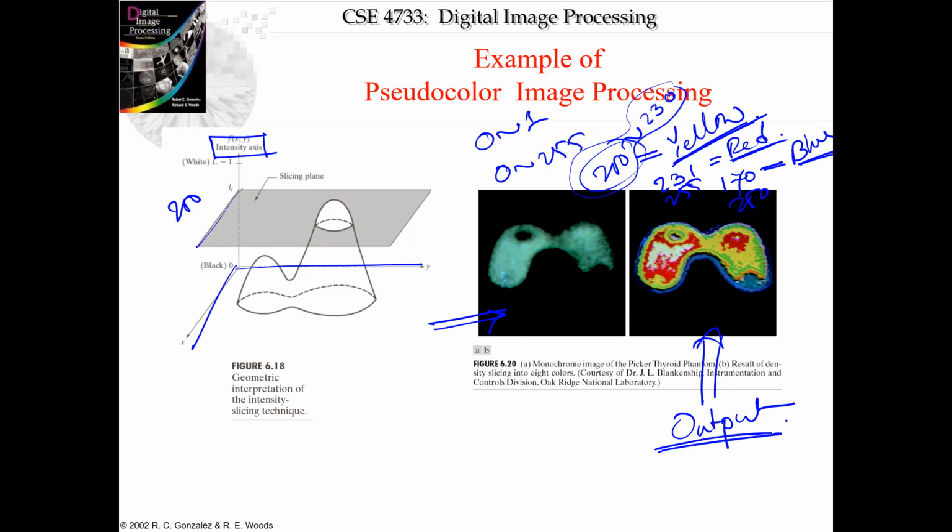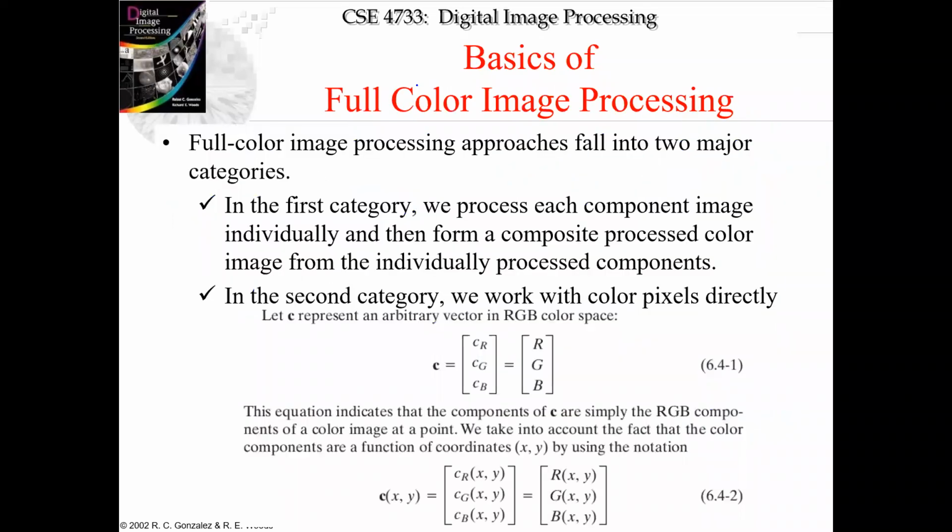And if you take a particular slice of it, whatever pixels fall into that slice, you assign a false color. Understood? Yes, sir. Okay, good. So this is what I tried to explain about false color image processing.